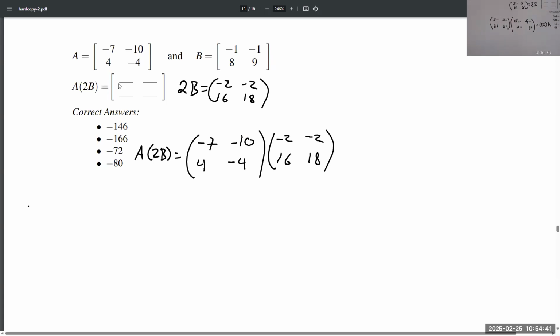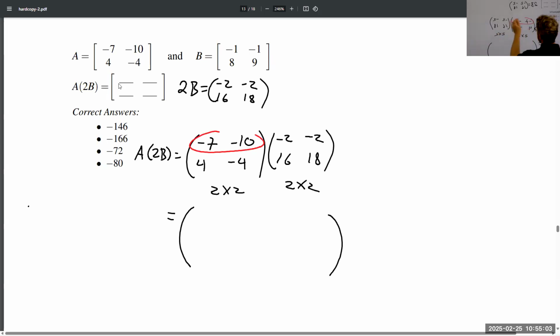Okay. So let's try to multiply that. This is a 2 by 2, and this is a 2 by 2, so we should get back a 2 by 2. Row by column.